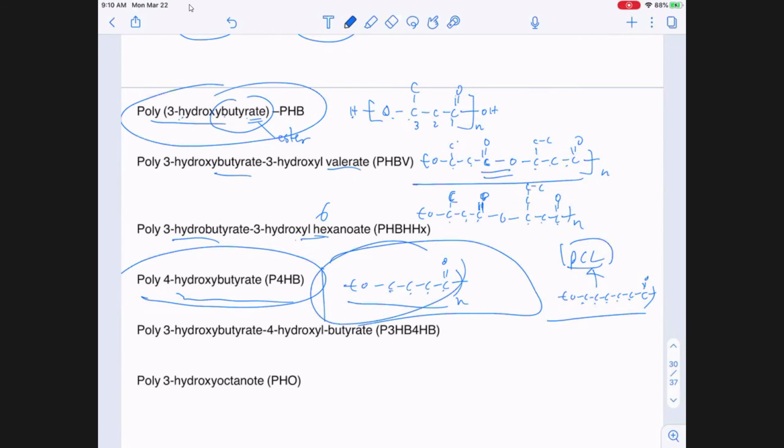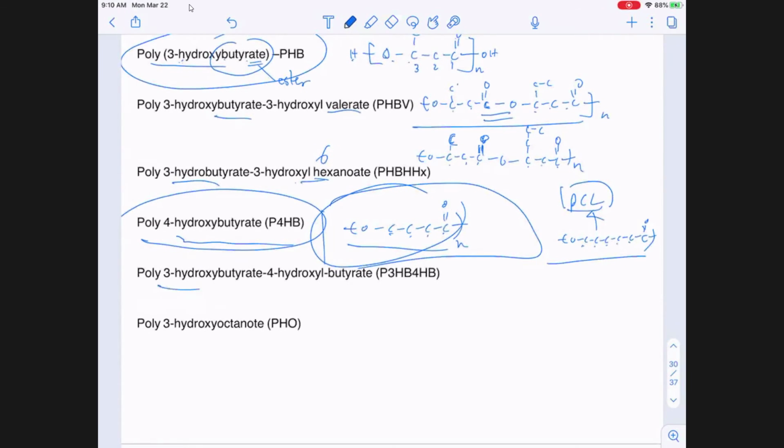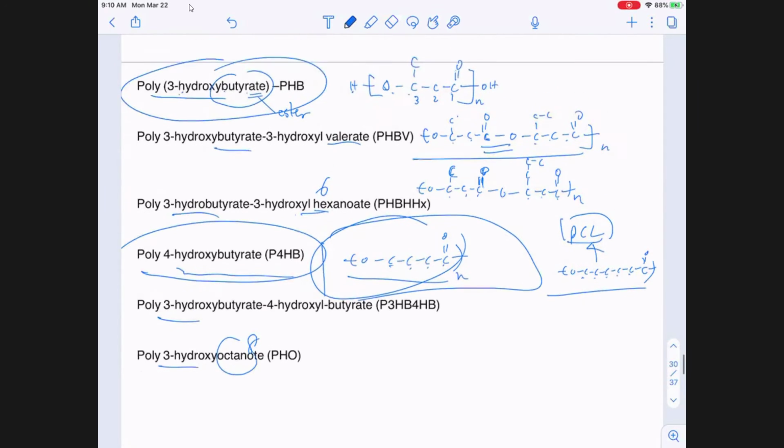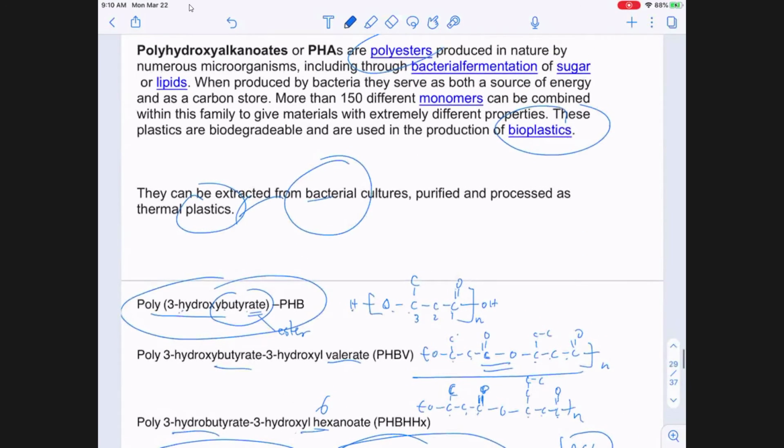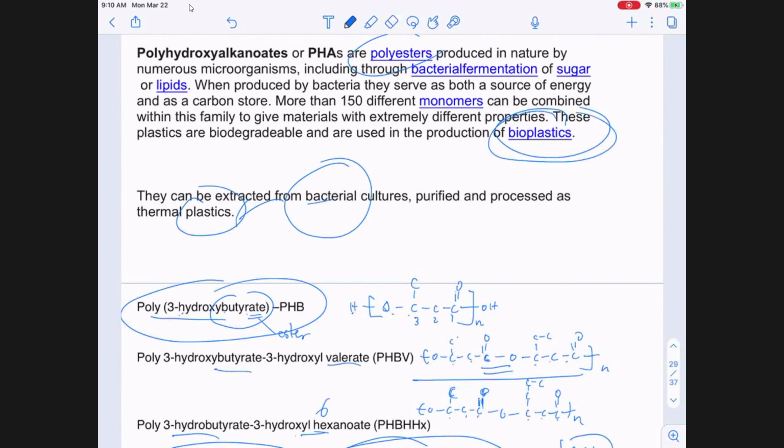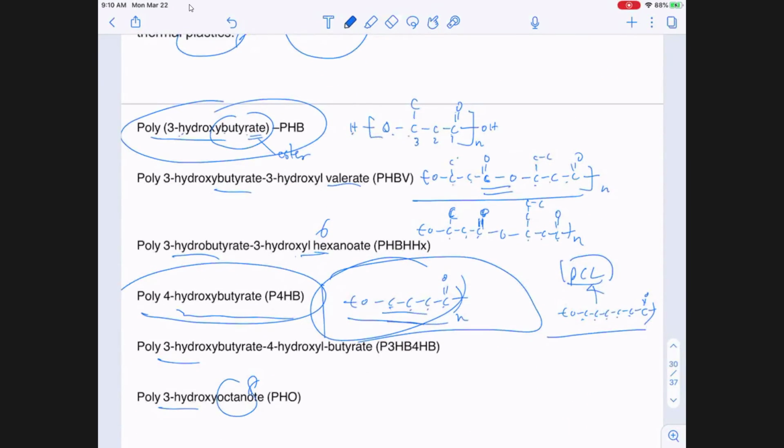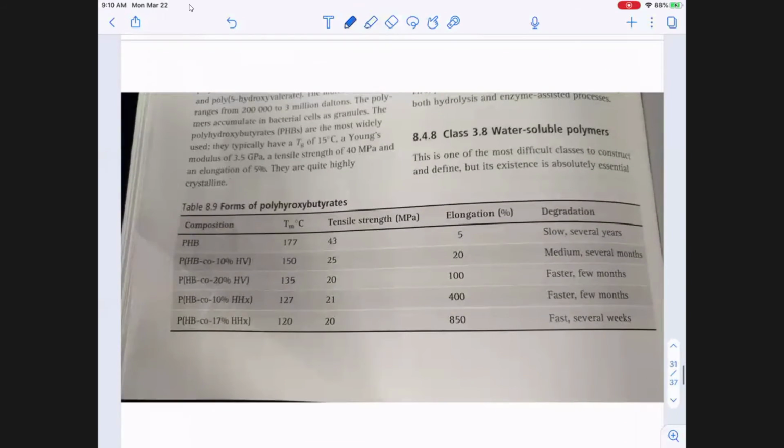And a lot of monomers, like 3-hydroxy or 8 carbons, are in a similar sense. It's very useful for bioplastics, so we can always tune the carbons and different combinations to tune the degradation rate. You will see PHB has a high melting point and tensile strength and is very stiff. I told you, if you leave it at room temperature for a few days, it gets stiffer and stiffer.